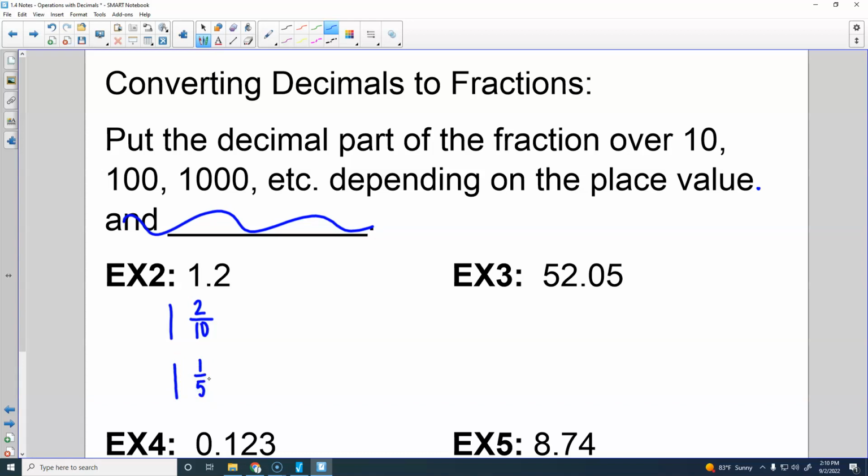So that would give us our mixed number. If you need an improper fraction, you could do what we did before, 1 times 5 gives us 5, add 1. We could also say this is 6/5. But the mixed number is okay.